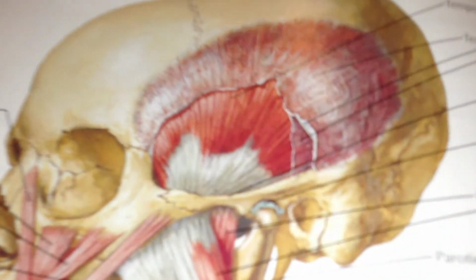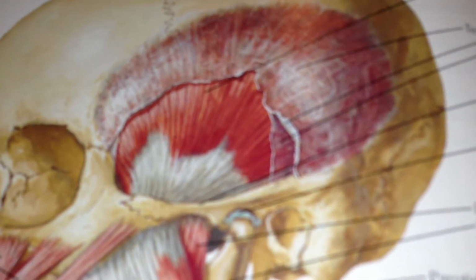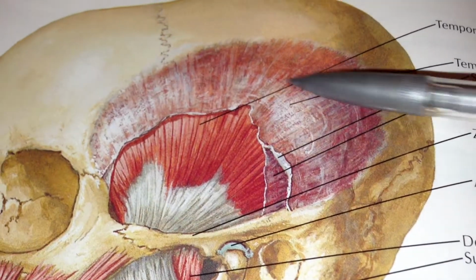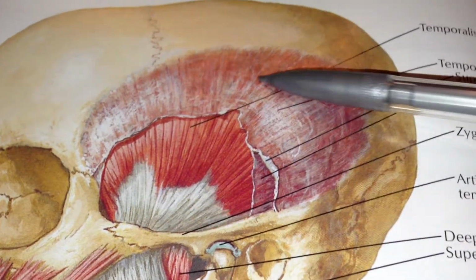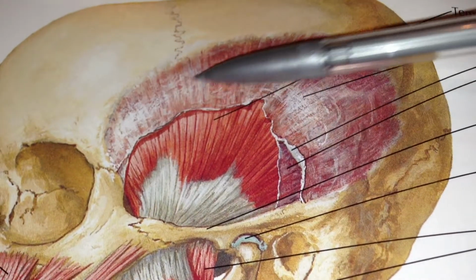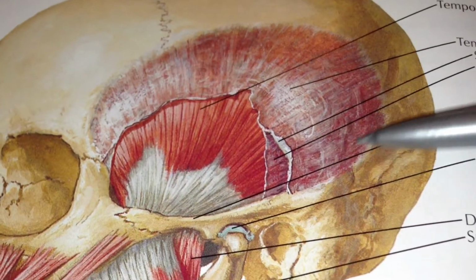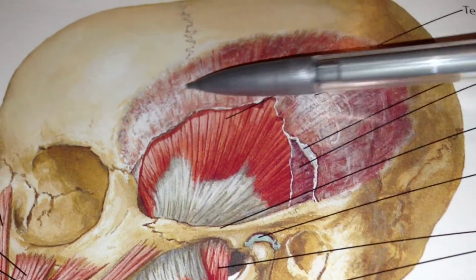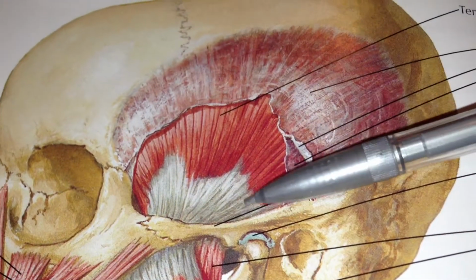Now, let's take a closer look at the temporalis muscle. We have the temporalis muscle, this big muscle right here. Okay. Now, as you see, there's a whitish covering on top, and that is going to be known as the temporalis fascia. The temporalis fascia is going to have a high attachment and a low attachment.